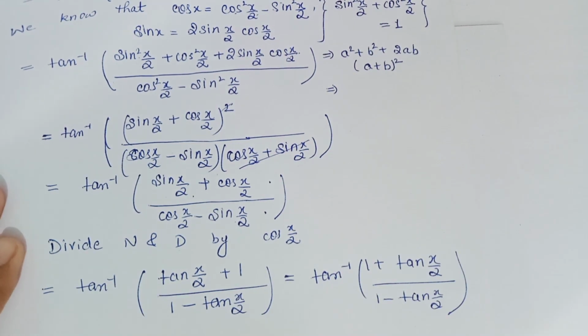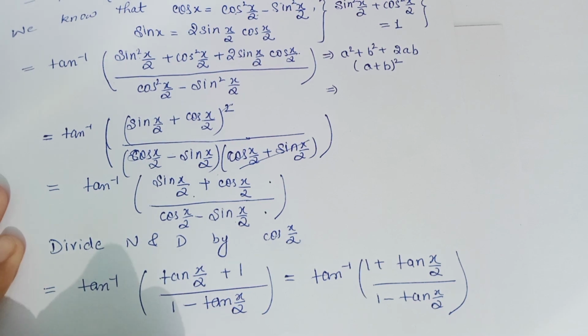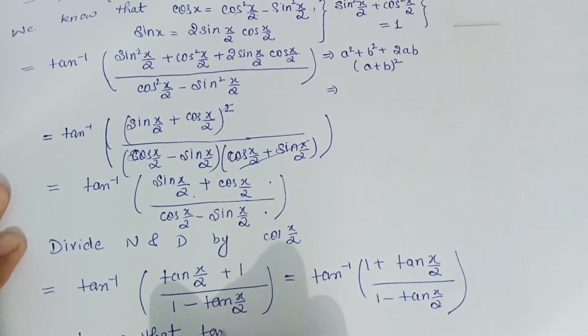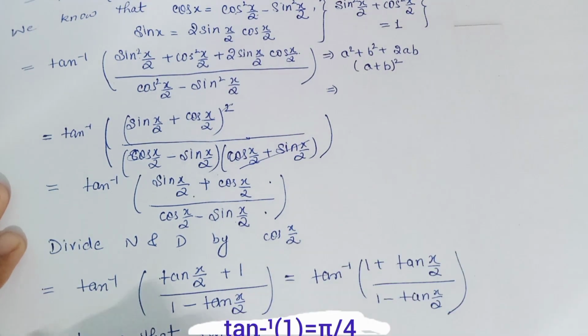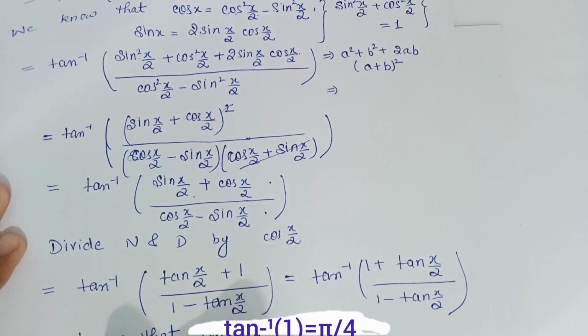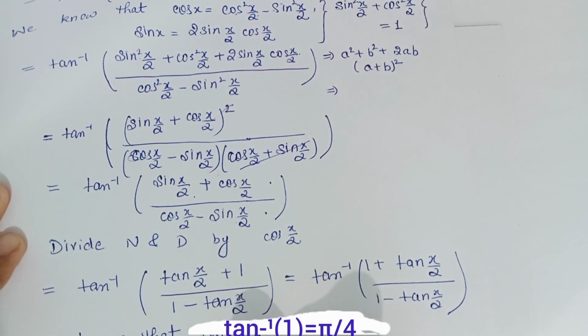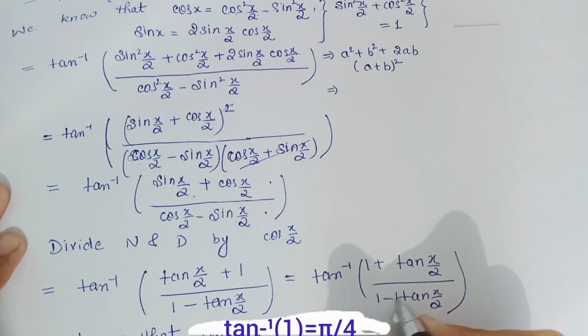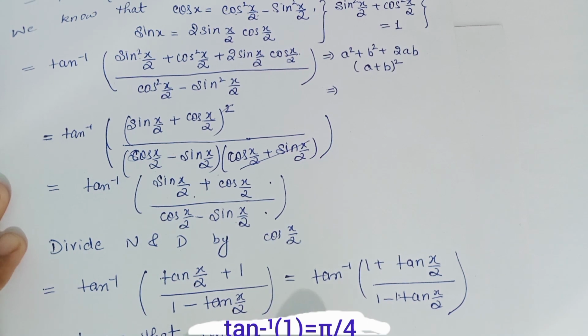Now we know that tan inverse 1 is equal to pi by 4. Place it here. So it will become tan inverse tan pi by 4 plus tan x by 2 upon 1 minus, here we can write it 1 into tan x by 2. So it will become tan pi by 4 tan x by 2.